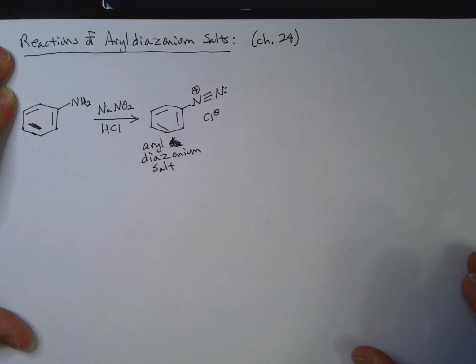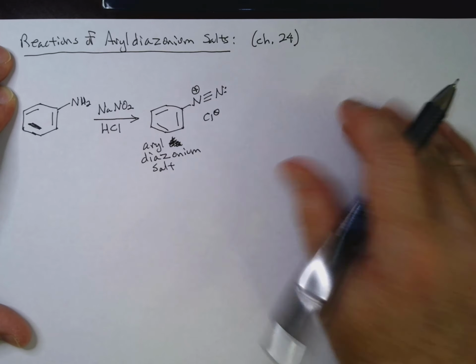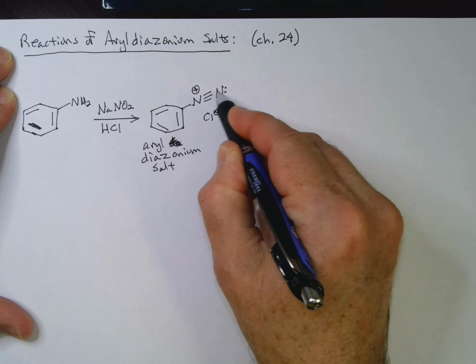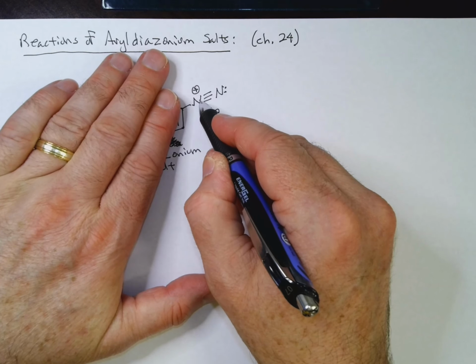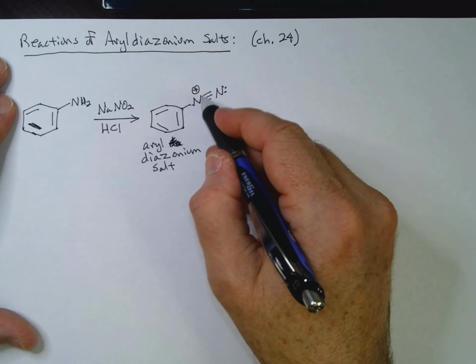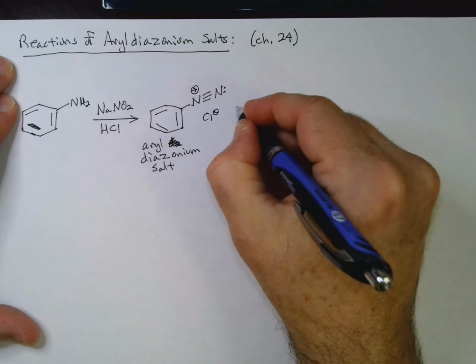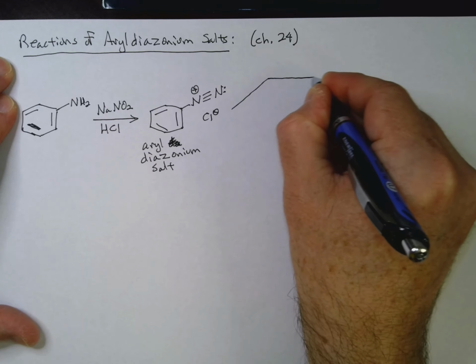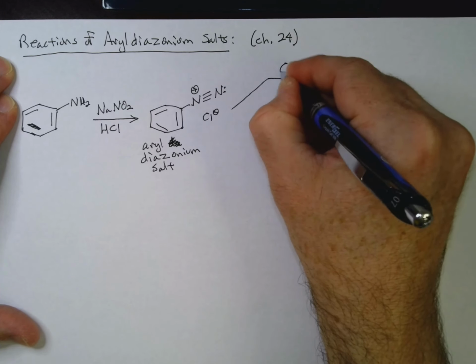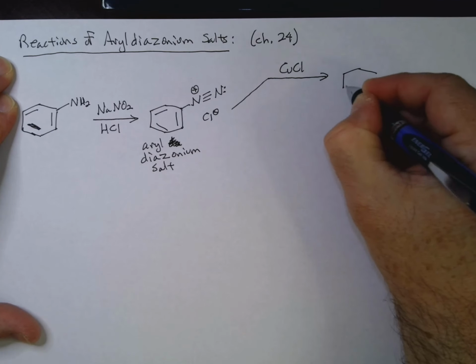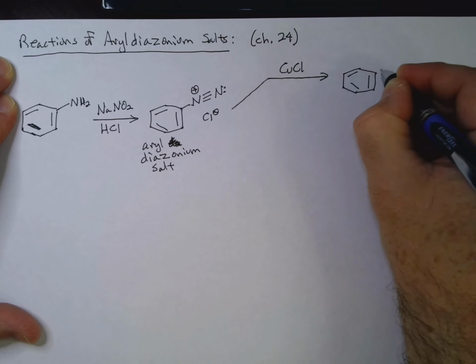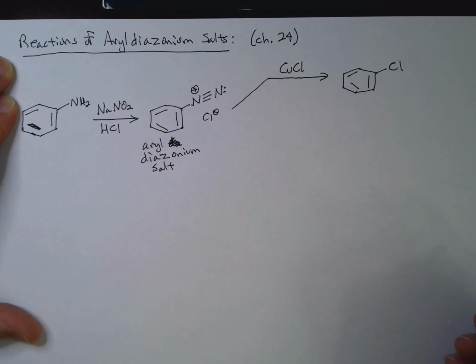Now, once we have this aryl diazonium salt, we can do a bunch of different things with it. We can actually swap out this, because look at it. That's going to be nitrogen if it leaves, right? If that leaves somehow, it's going to be nitrogen. So we could do a substitution reaction where, let's use CuCl, and we will get chlorobenzene.